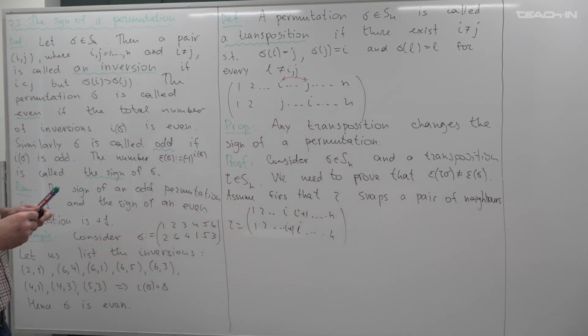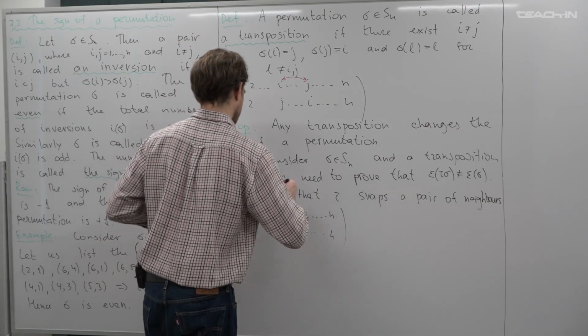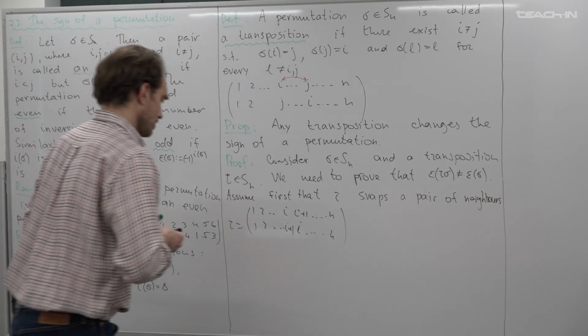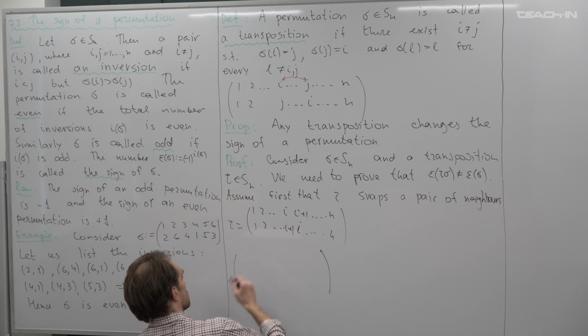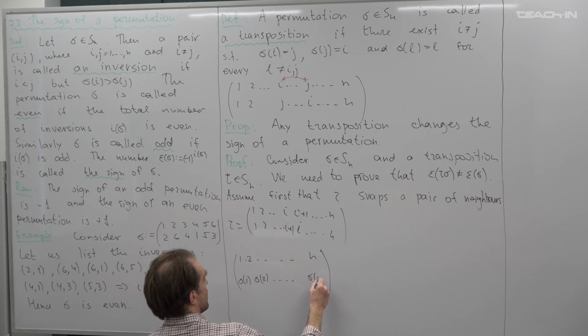So what happens when we apply tau to sigma? Let us consider sigma of 1, sigma of 2, etc., sigma of n.